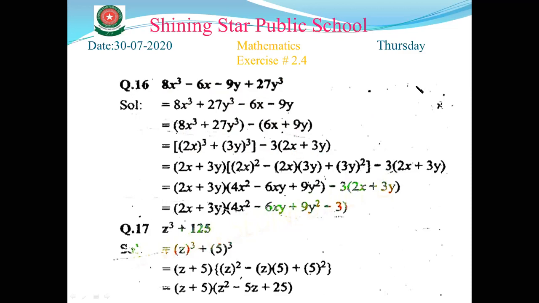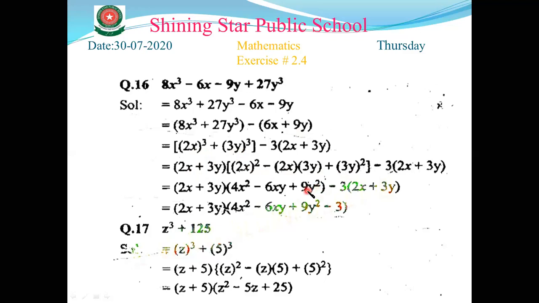Here we open the formula: a cube plus b cube equals a plus b into a square minus ab plus b square. Here a is 2x, b is 3y. So 2x whole square is 4x square, minus 6xy, plus 9y square.